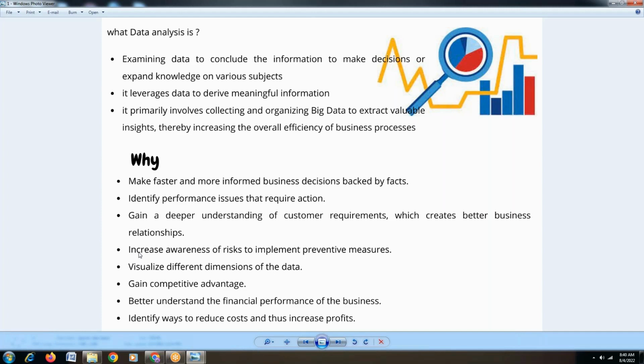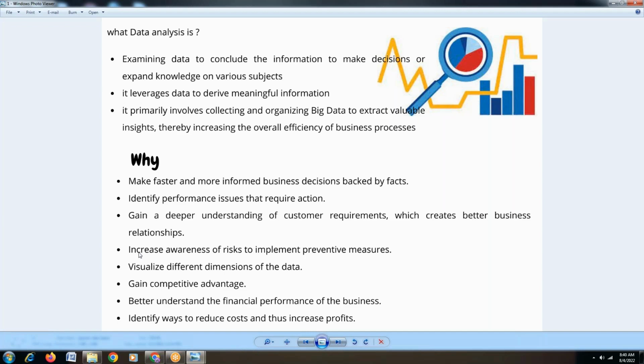Next, understanding the financial performance, so that we could understand the possible risk in terms of the cost incurred in the organization, what the ways of controlling it are, and how to increase the profits.